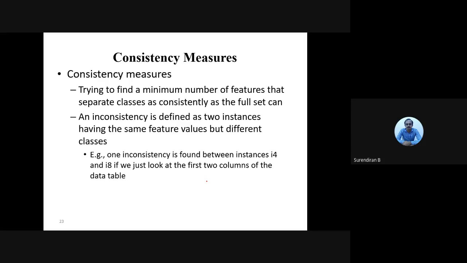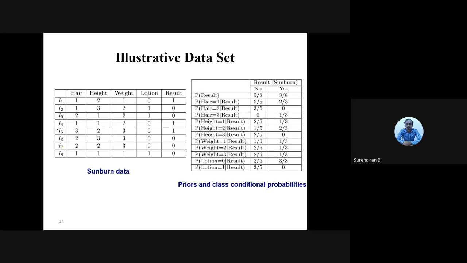Consistency, I'll show you in the next slide. Let us say we have two instances, I4 and I8. This is a sample data set. Here we have 8 elements, with 4 features, and this is the class, the result, whether it is 0 or 1.